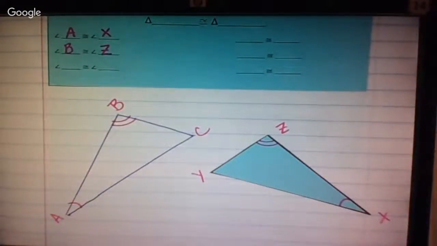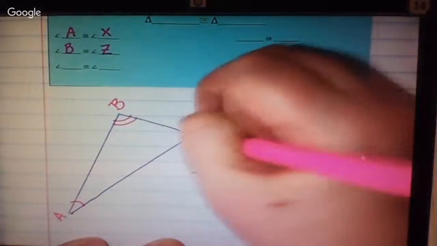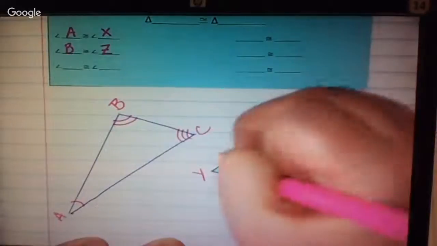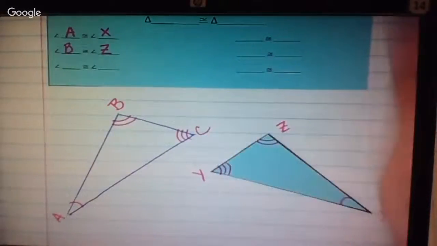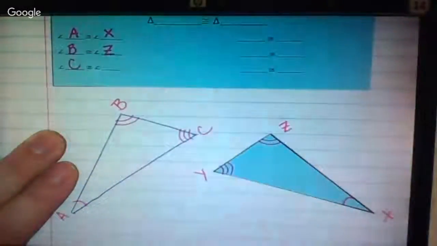So that shows you that A is congruent to X because they're marked with the 1. And B is congruent to Z because they're marked with 2. They're going to do the same thing for C. So that's going to be 3. So angle C is congruent to angle Y.